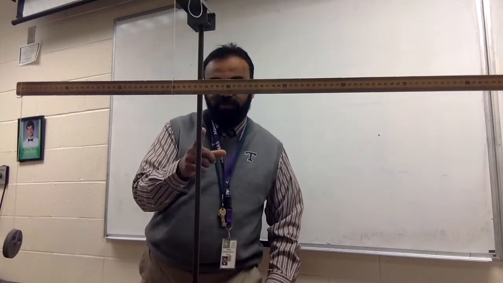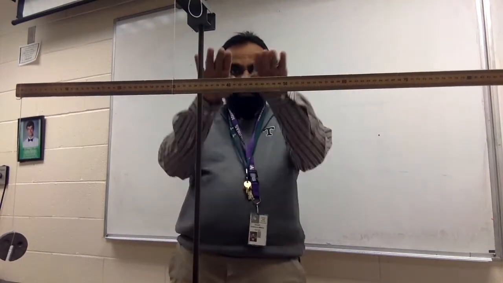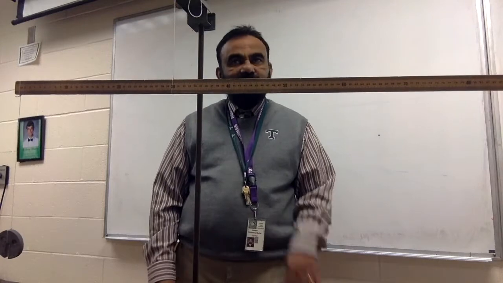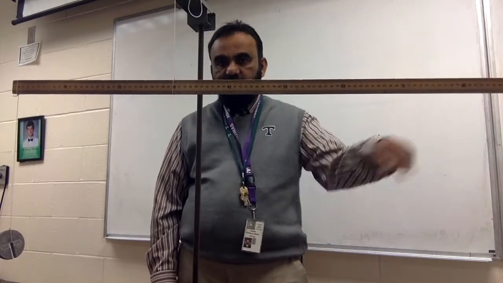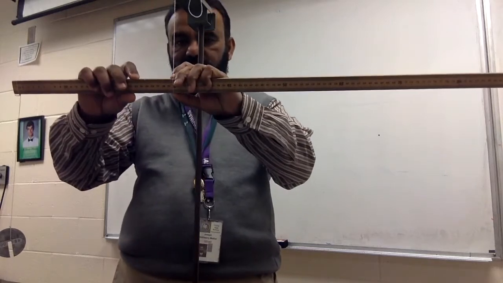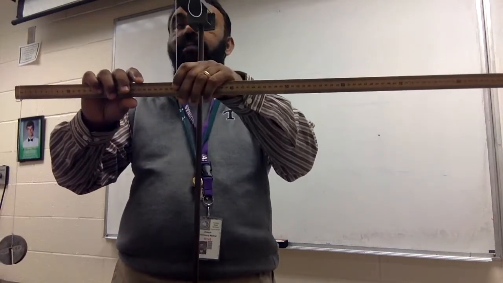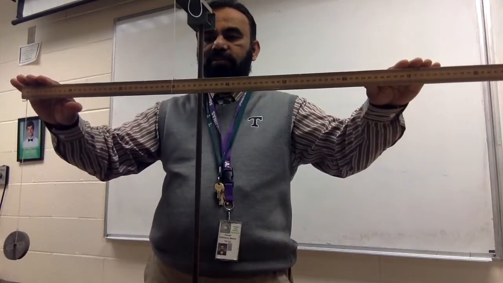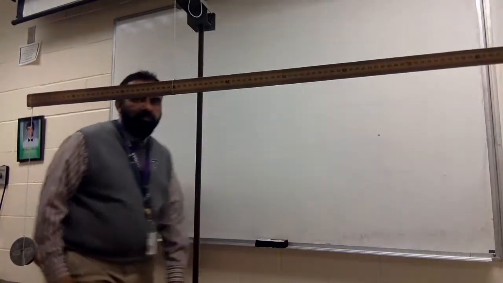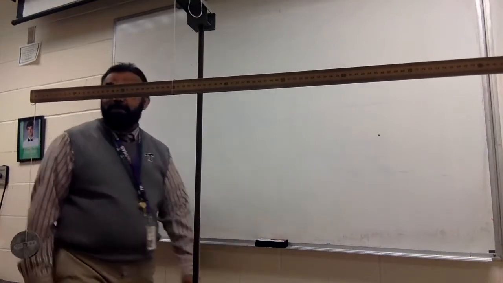Okay, is this almost horizontal? Pretty solid, I think it's good. Is it tilting this way? No, I think it's down on the right a little bit. Just a tad. Okay. You need to make sure it's perfect, that's one of the precautions. When you're balancing something, make sure that it's perfectly horizontal. I think you got it.